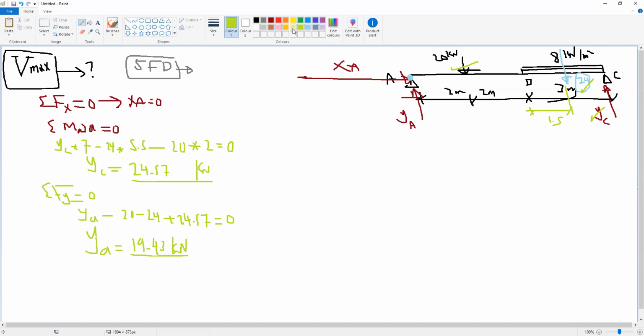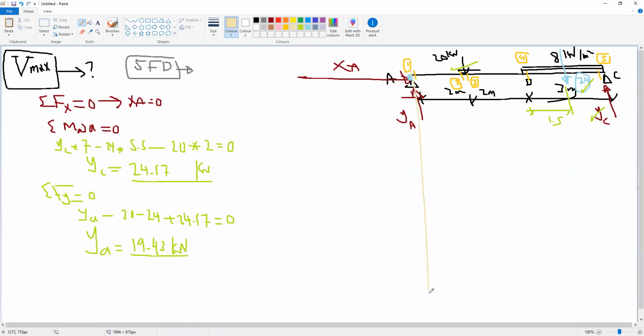So now we can return to our beam to draw the shear force diagram. If you remember, we have some cuts: a cut at the start of the beam, cuts before and after the concentrated load, a cut at the beginning of the uniform load, and a cut at the end of the beam. So we have 5 cuts here, and we need to calculate the shear force at these 5 cuts.